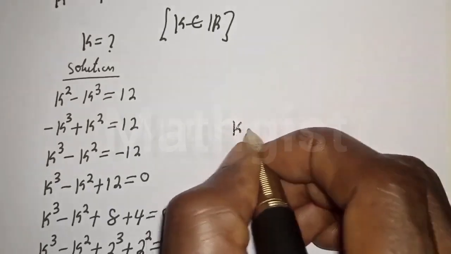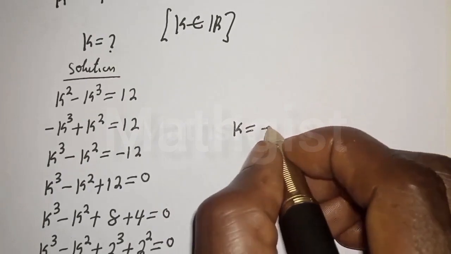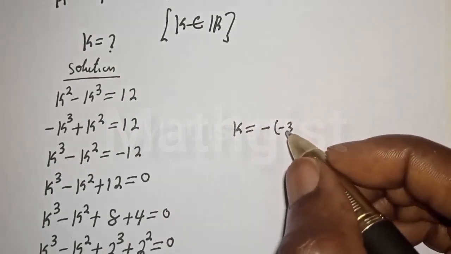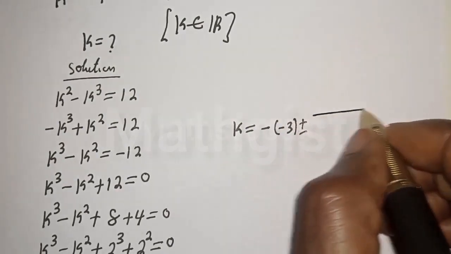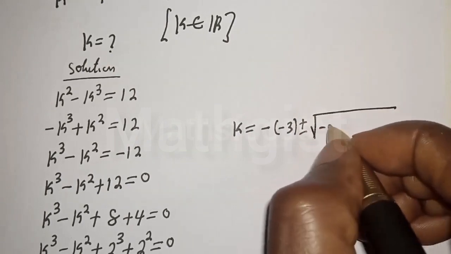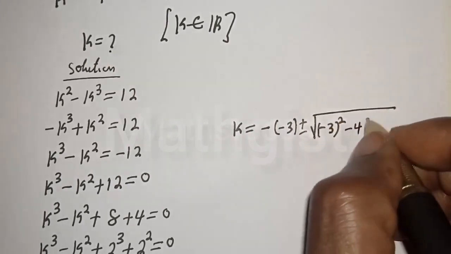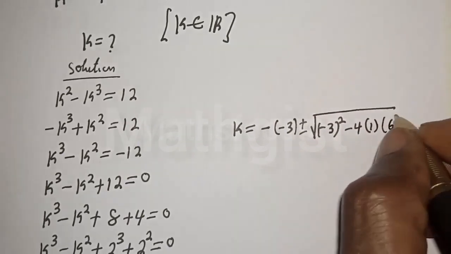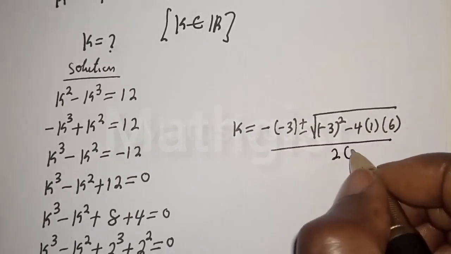Therefore, k is equal to minus bracket minus 3 plus or minus square root of minus 3 squared minus 4 multiplied by 1 multiplied by 6, over 2 multiplied by 1.